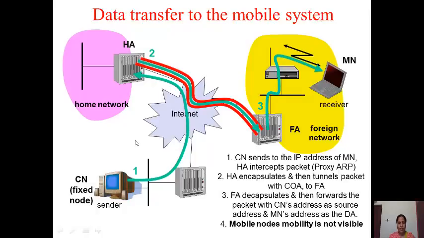So this is the improvisation that has been proposed. Using the permanent IP address, we encapsulate and assign an address called a care of address. So this is the tunnel that has been created.